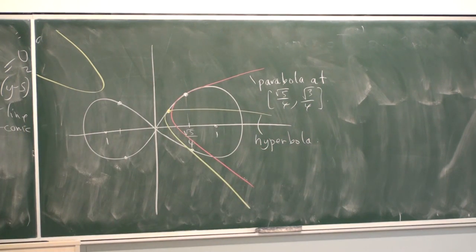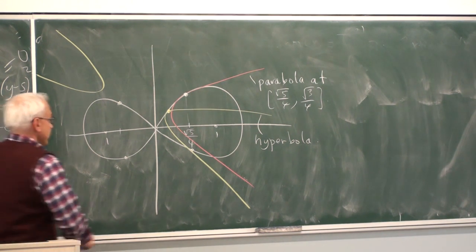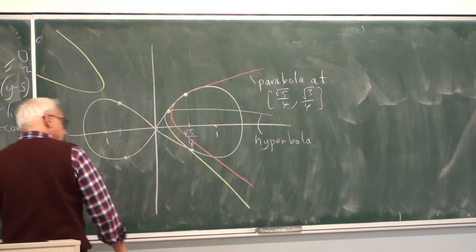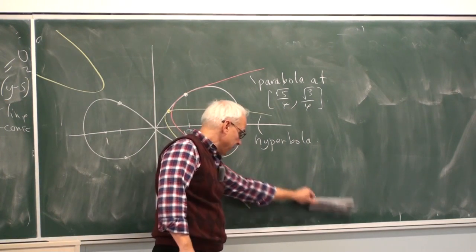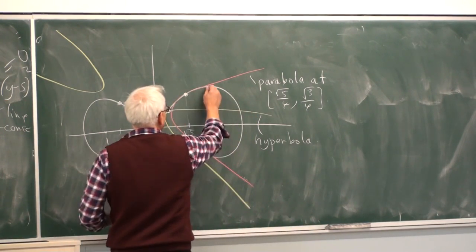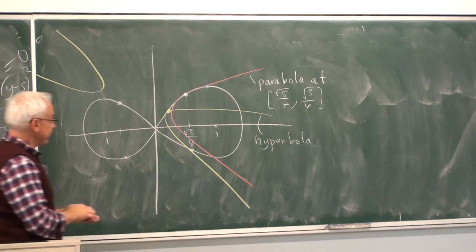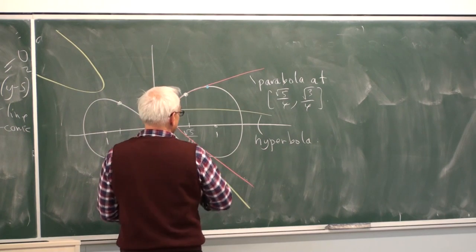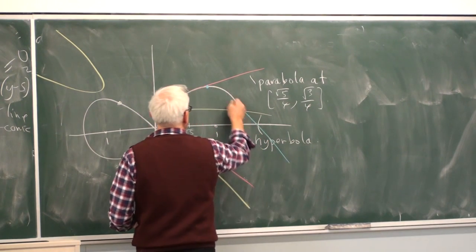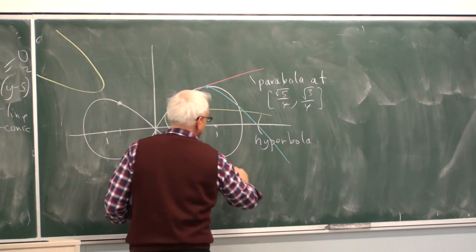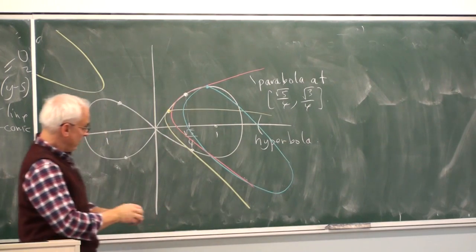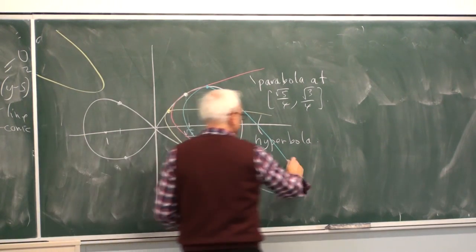And if we go a little bit further out, further up, say, something like this, then we get an ellipse. A tangent conic that looks like an ellipse.